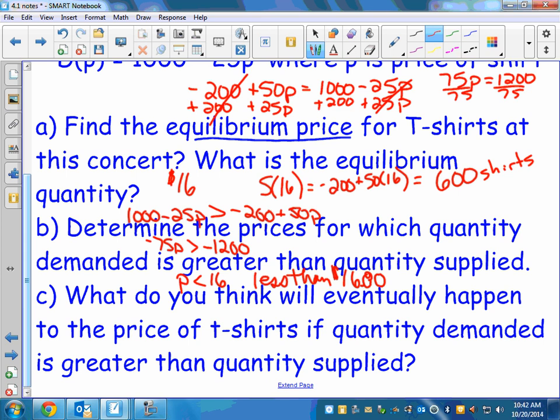Price goes up, right? If people want more shirts and they sell out, then they can make the price higher because it's like, I only have 10 shirts. They can charge you $30 apiece because you think, oh, there's only 2 left. So yeah, price goes up.